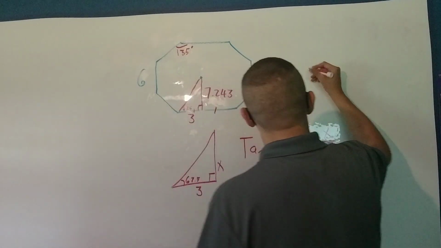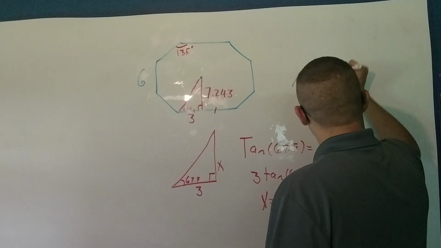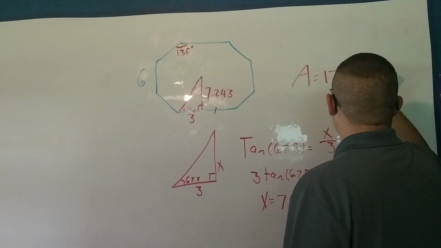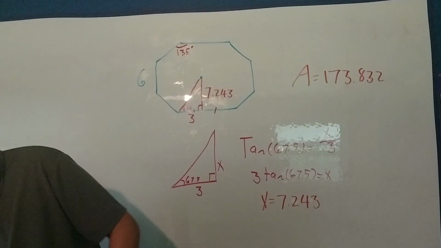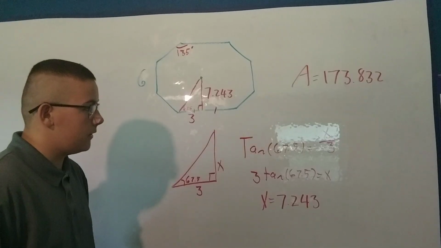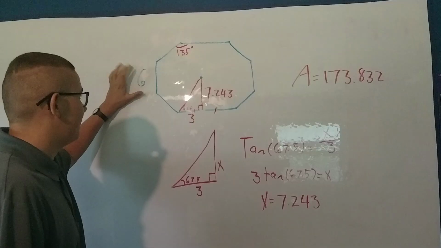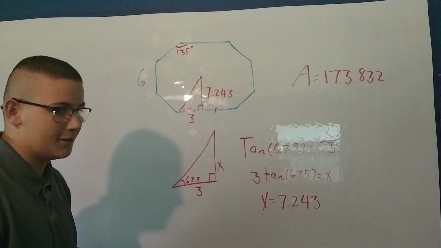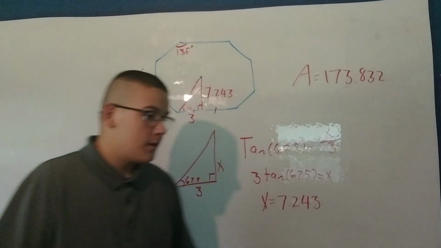So we know that our area equals 173.832. So that is the area of the shape. And again, it is just mind-boggling to me that you can solve for the entire area of a regular polygon with just one side length.